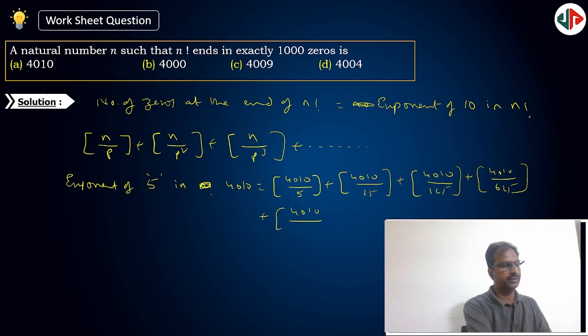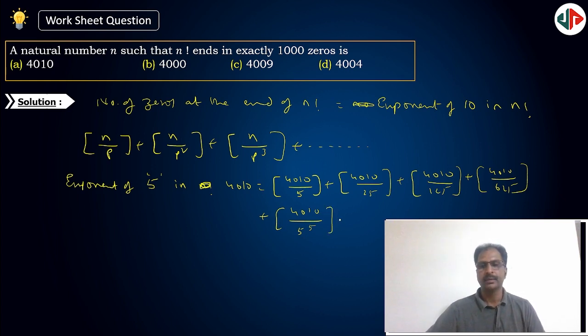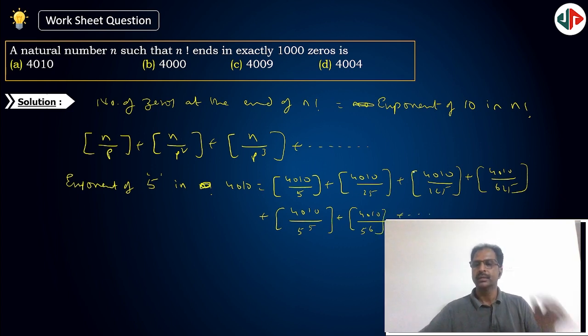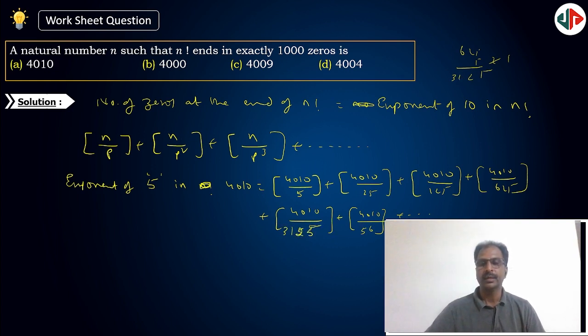Let us find 625 into 5. 5 power 5, plus floor of 4010 by 5 power 6 and so on. What is 5 power 5? 625 fives, 3125. Next one will be 15,625.